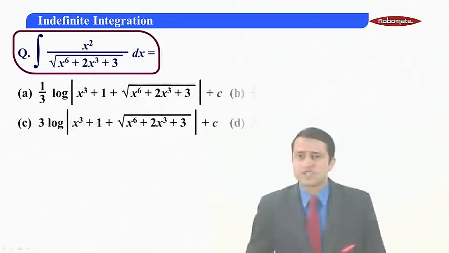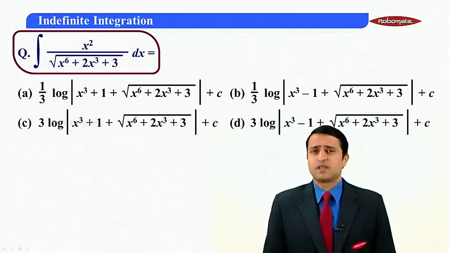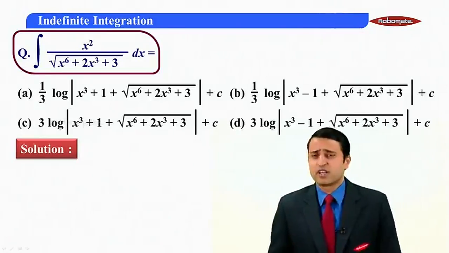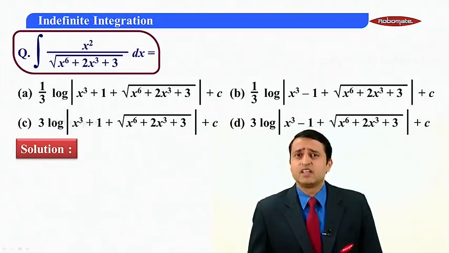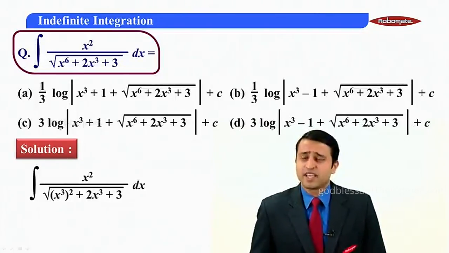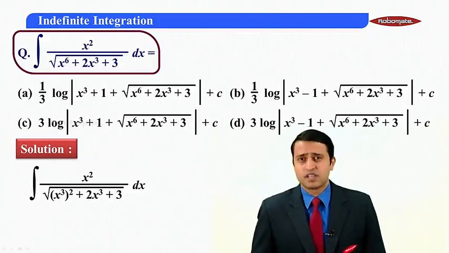Let us see the next question now. It says integral of x square upon root of x raised to 6 plus 2x cube plus 3. Now my dear students, we have seen a similar question earlier. In this type we very usually find that we have been given functions. Let us see this now again. Can I write the denominator as x cube the whole square plus 2x cube plus 3?